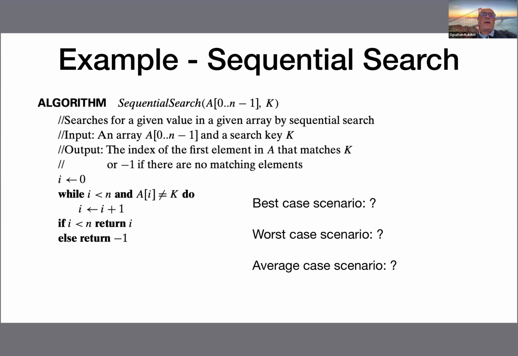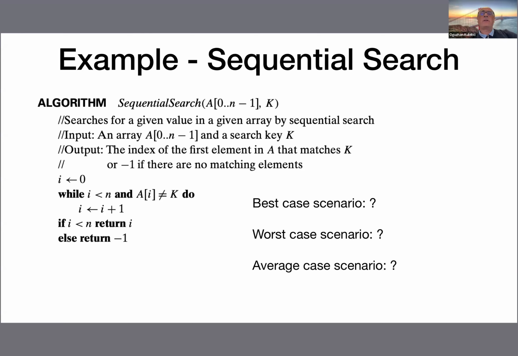So let's have a very basic example. We would like to analyze the sequential search, and on this search, we will see what best, worst, and average case scenarios mean. Okay, sequential search, very easy.